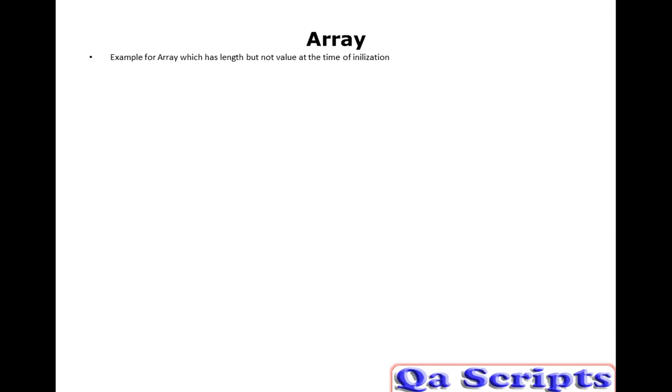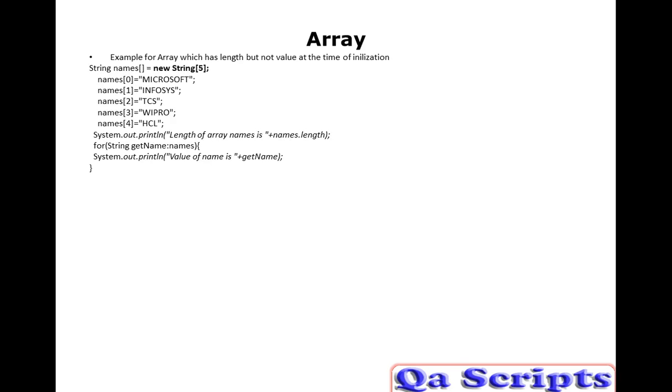Let me take one example. Here I am just declaring the array without having text or value. Later I will assign the values. How to do it? Very simple. I am using String data type, names, that is the variable, array name, equals new String[5].